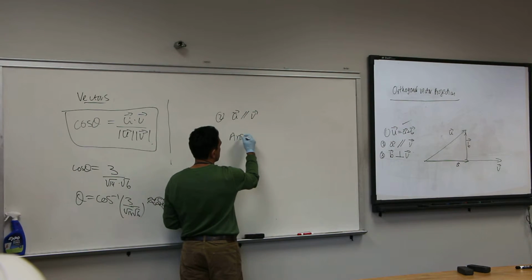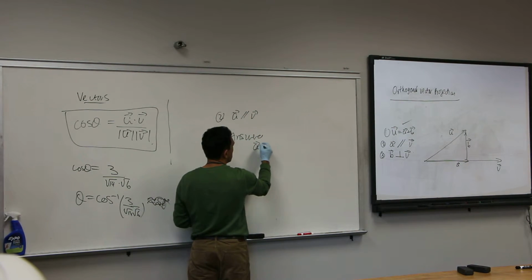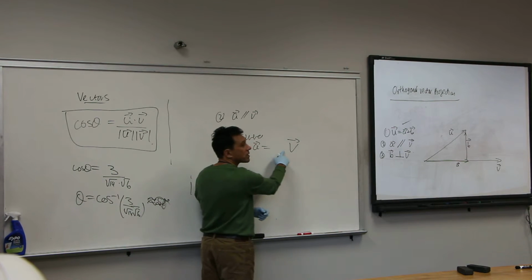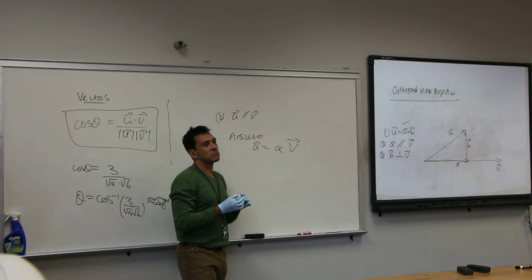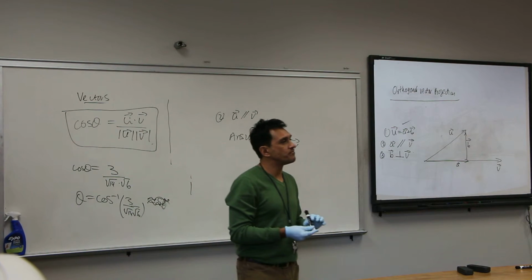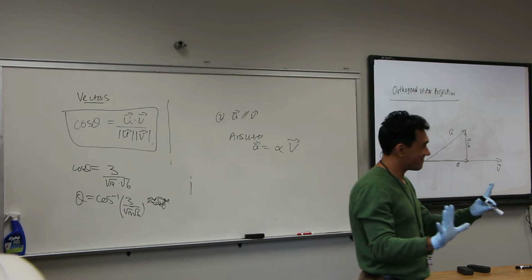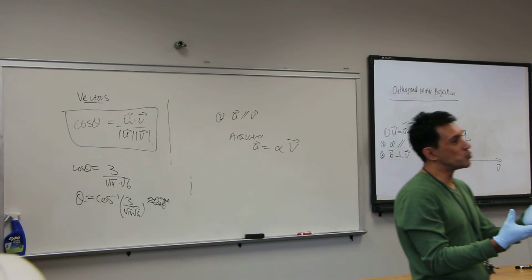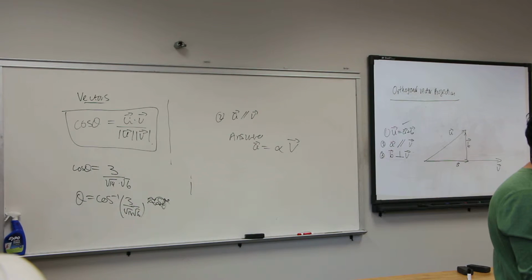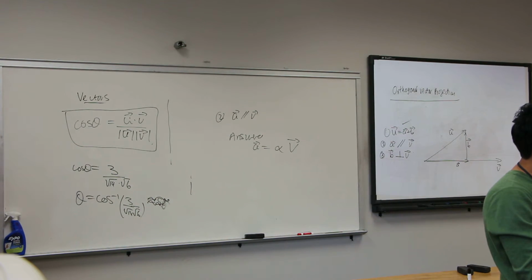And the answer is, A is a scalar multiple of V. Clear? It remains for me to find that scalar multiple.